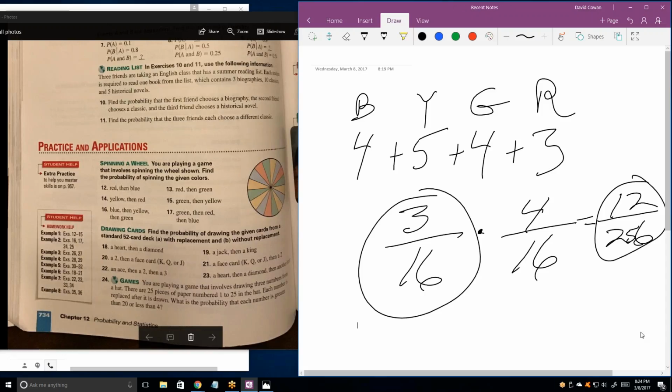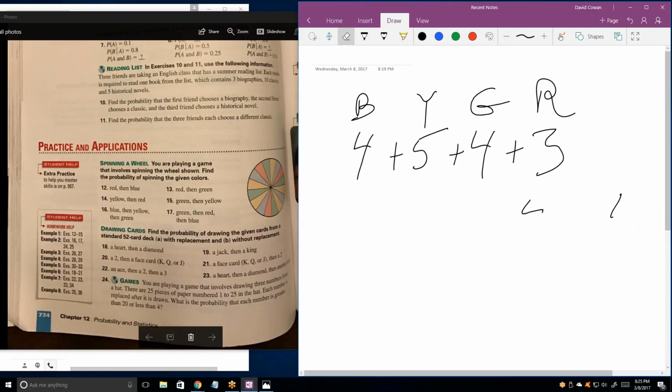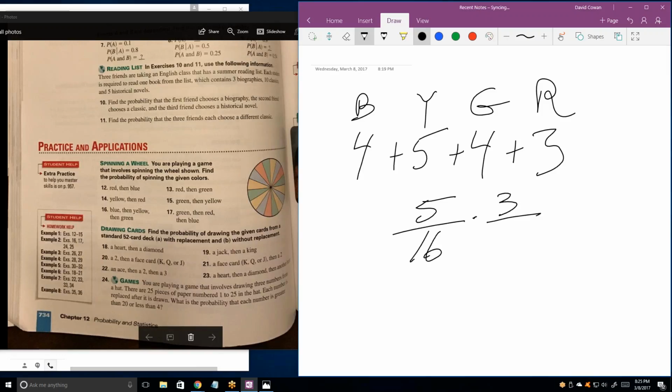This is one I wanted to pull up because I need the probabilities of each of these. So what's the probability of yellow then red? So you would do 5/16 times 3/16, and then you would get 15 over 256.